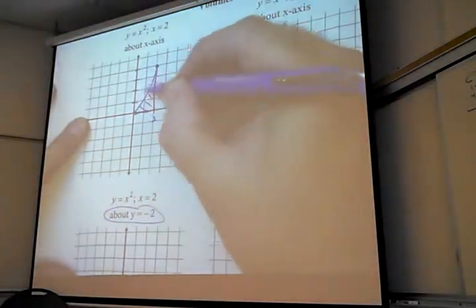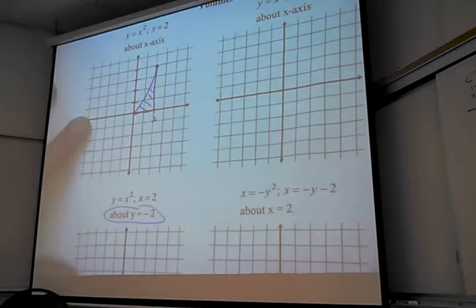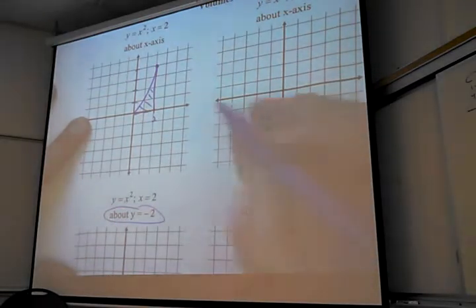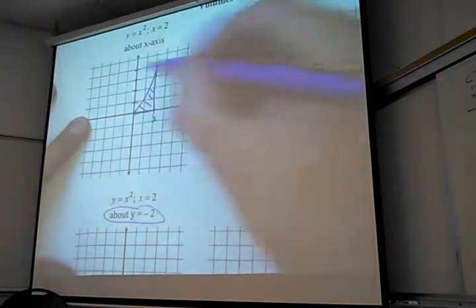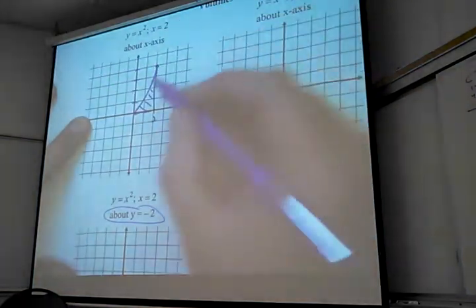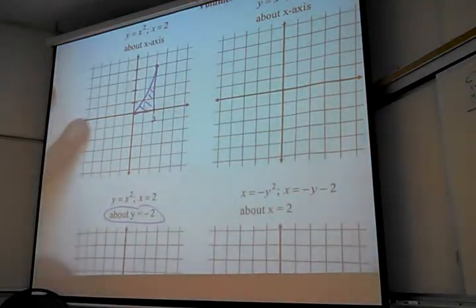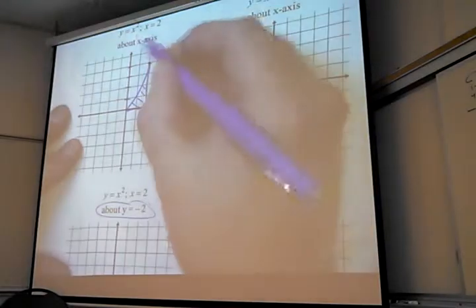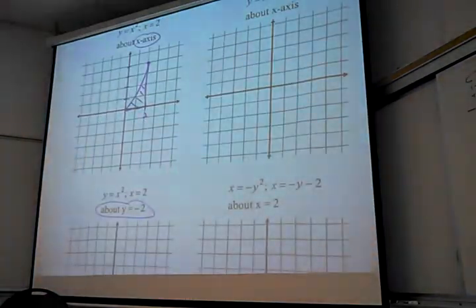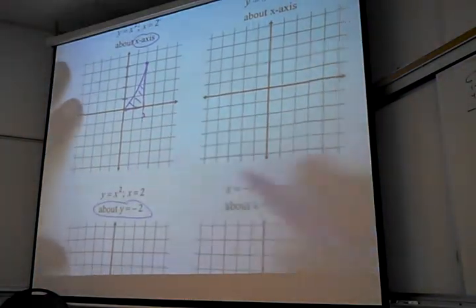If I wanted this region in here, how would I have to identify that? I would have to say y equals x squared and the y-axis and y equals 4 to kind of identify this region. Do you guys see what I'm saying? Okay, good. And I want to rotate this about the x-axis. Thank God I don't have to draw the 3D in.